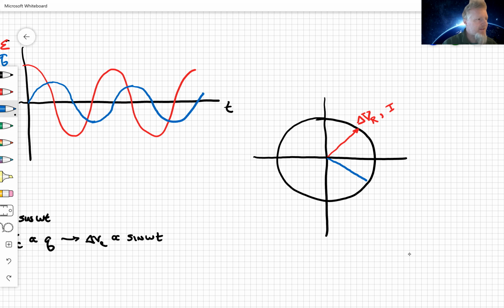The reason being that the entire voltage, they're going to need to add to a particular amount. So you make the voltage of the capacitor like this. All right, that's delta VC now.